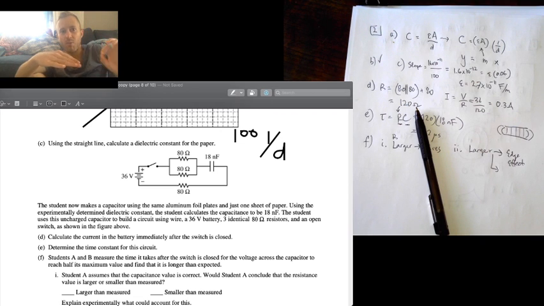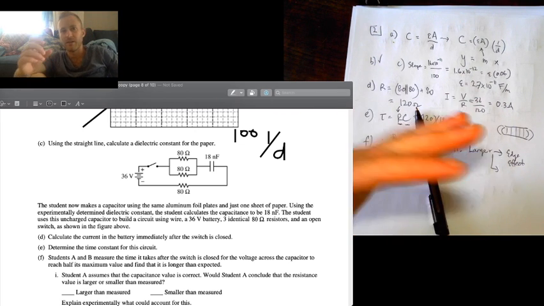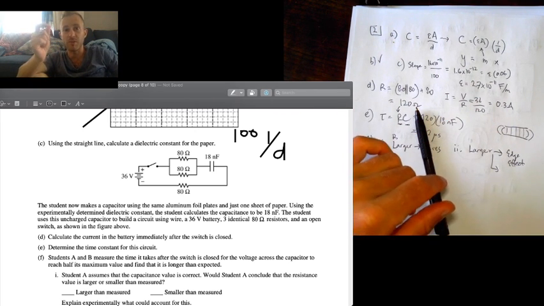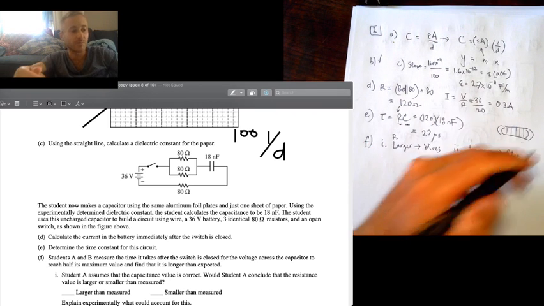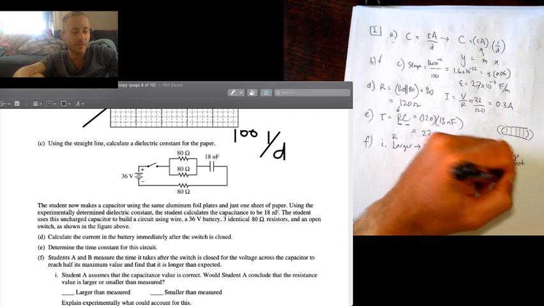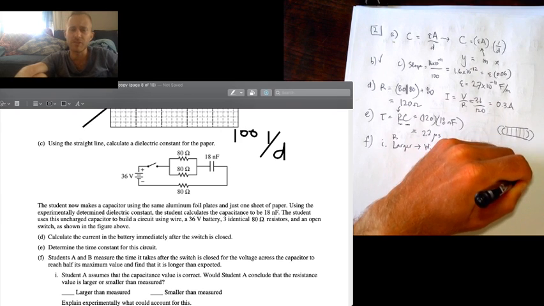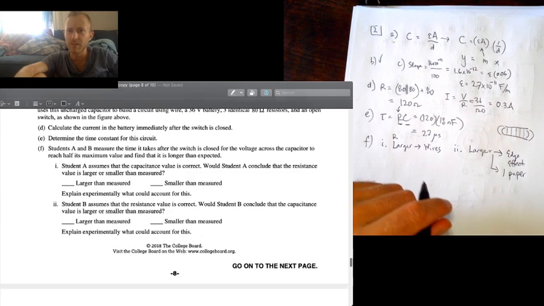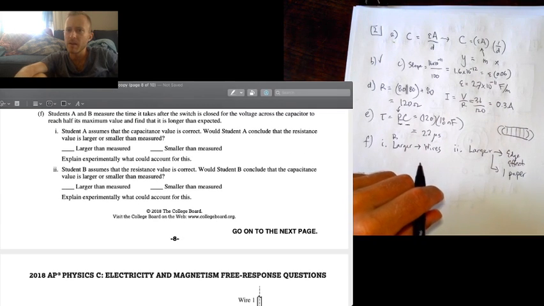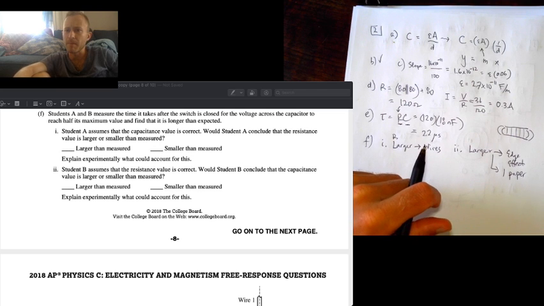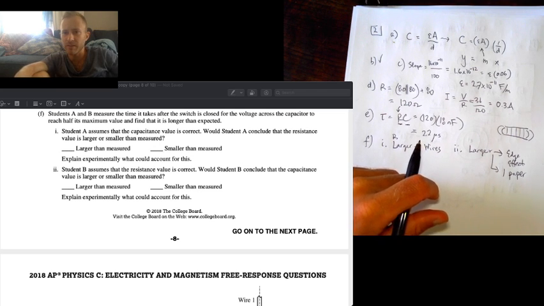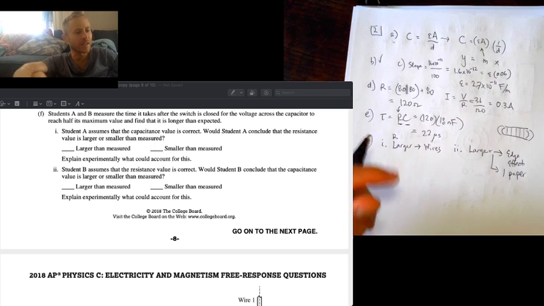Whereas if you have one piece of paper, there's no air gap, and so that is going to have the effect of making the distance a little bit smaller than you anticipated. So that could be another thing. I don't know. It's kind of an interesting question. I'm curious to see what the answer key says. Oh, maybe this piece of paper had an anomaly. That's another idea.